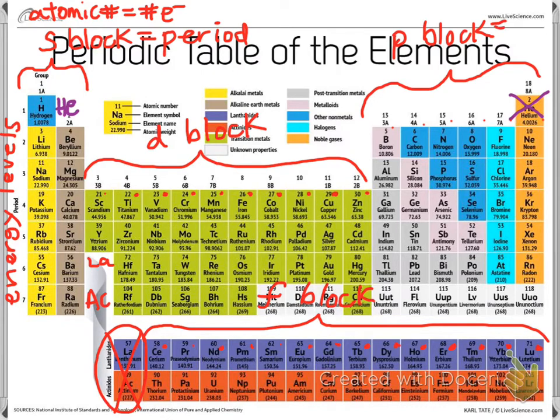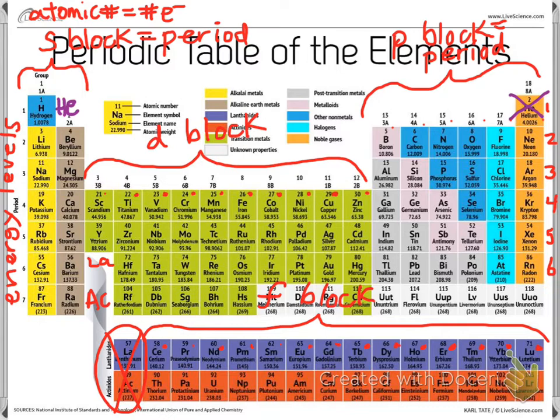That's also true for my p block. So I'm just going to add those numbers over here as well. When I'm talking about aluminum to argon, I'm going to be putting electrons into the 3p orbitals because I'm in the 3rd row and because I'm in that p block section.